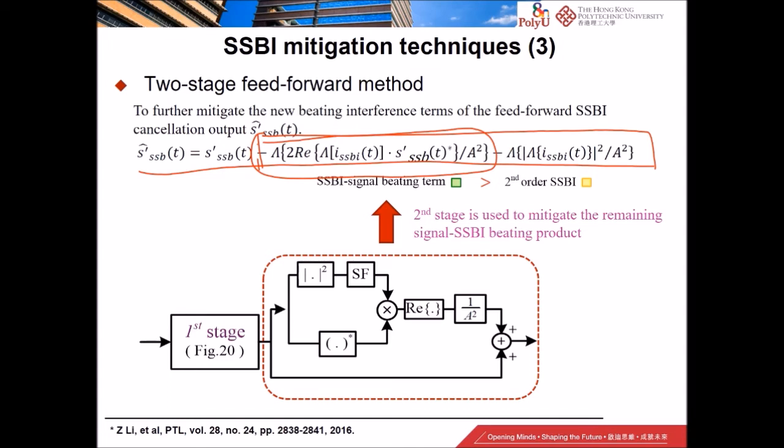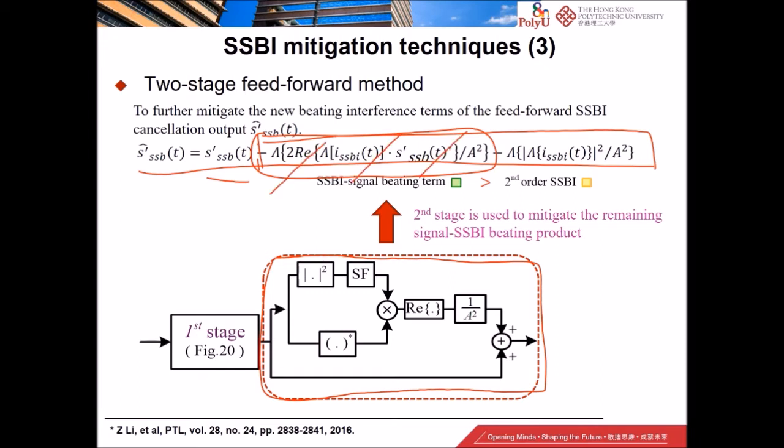Okay, and this is the structure that attempts to recreate the SSBI-signal beating term from the output of the first stage feed-forward method. So in this case, we will be able to further eliminate this term.